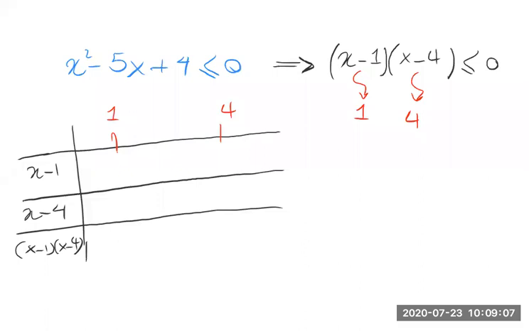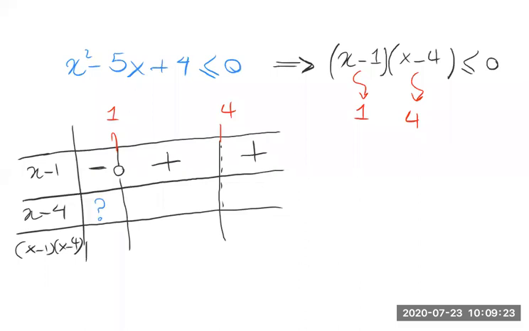At 1, x minus 1 is 0. Before that, it's negative. After that, it's positive. Well, what about x minus 4 here?